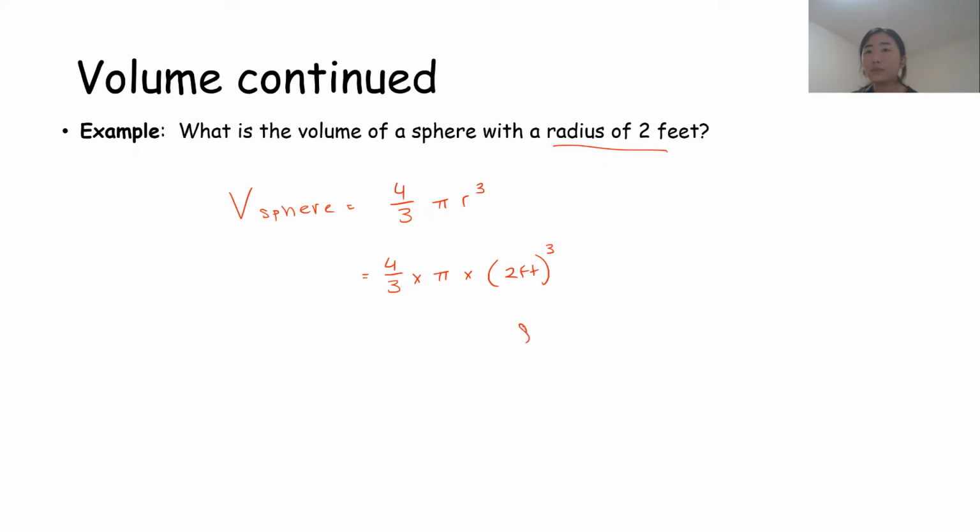So 2 times 2 times 2 is 8, and feet times feet times feet is feet cubed. So we'll just add that back into the rest of the equation here: 4/3 times pi times 8 feet cubed. And now let's multiply these two numbers together. 4/3 times 8 is 32/3. Multiply that by pi, and the units are feet cubed. So that should be the volume of the sphere.